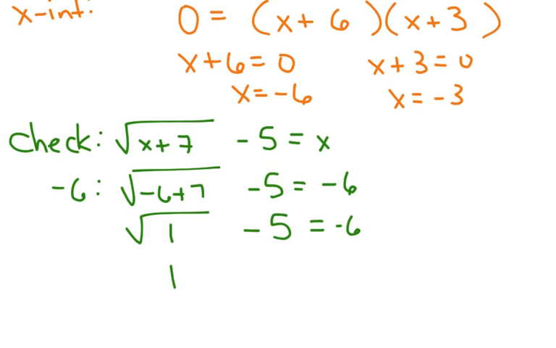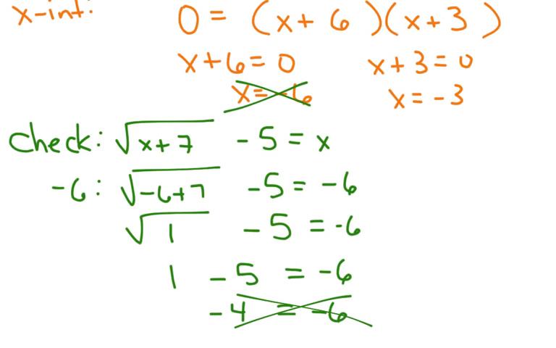The square root of 1 is 1, and I get negative 4 equals negative 6. Does negative 4 equal negative 6? It does not. That means negative 6 is not a solution. It's actually called an extraneous solution.